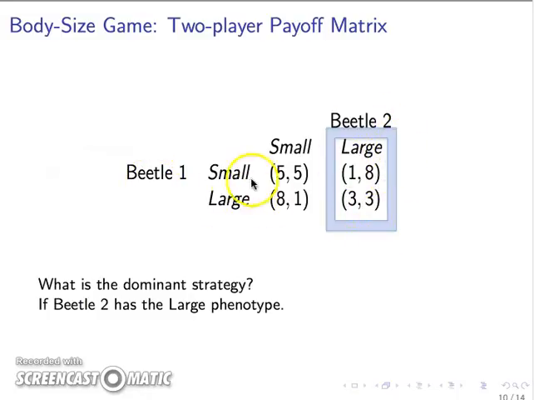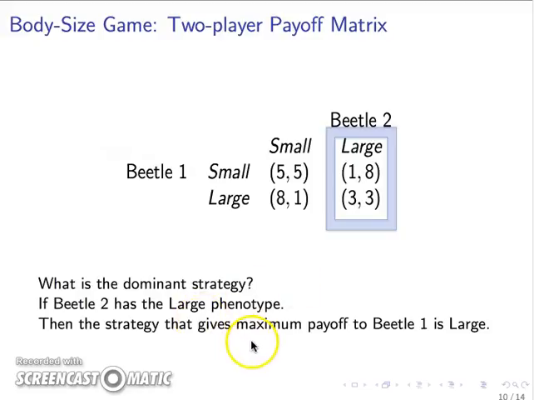So if beetle 1 has a small body size, then an interaction with beetle 2 will result in 1-8, meaning that beetle 1 gets a payoff of 1 while beetle 2 gets a payoff of 8. But if beetle 1 has a large body size, that ends up as a payoff of 3 and 3, where beetle 1 gets a payoff of 3.